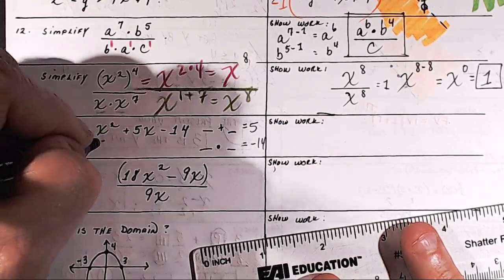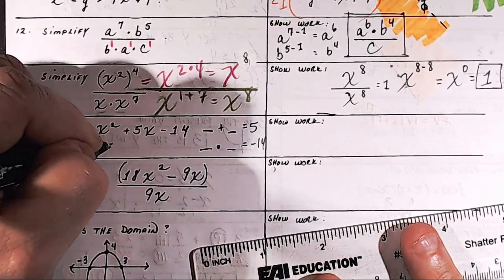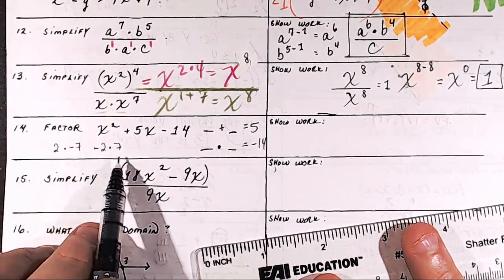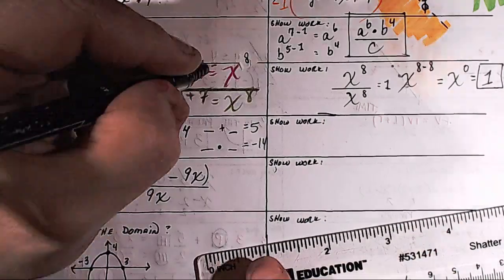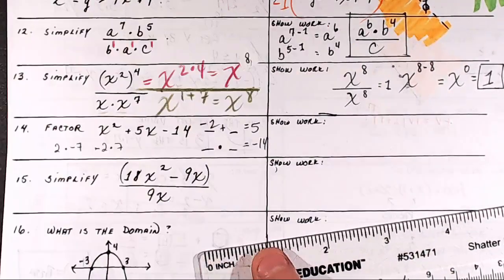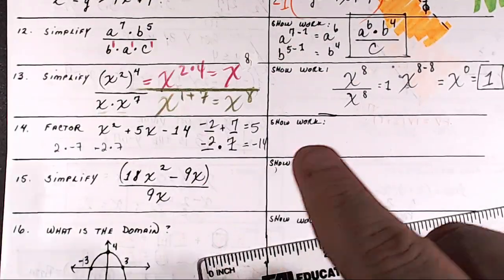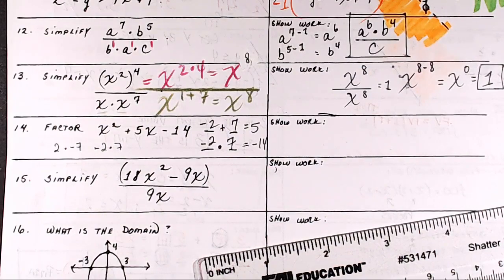I wanted positive 5. I've also got negative 2 times positive 7. So those work because negative 2 plus 7 is 5. So my factors are negative 2 and 7. Negative 2 plus 7 is 5. Negative 2 times 7 is negative 14.